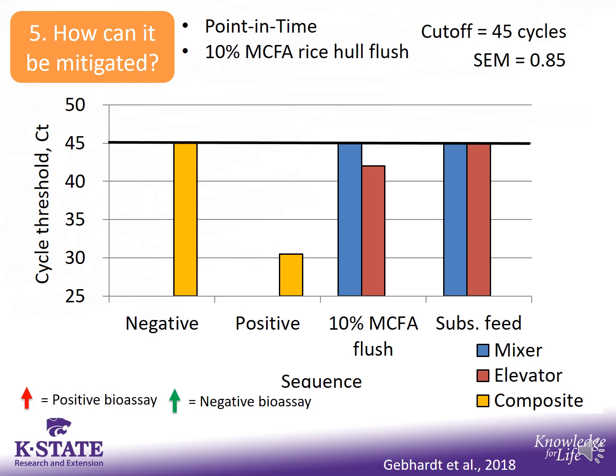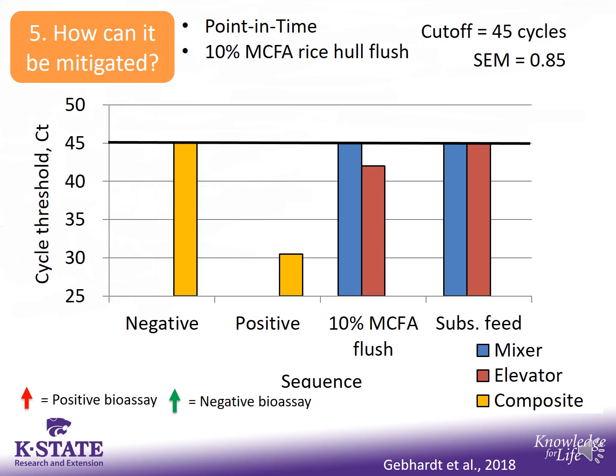Interestingly, there was no detectable virus in the flush of medium chain fatty acids when we took samples at the mixer, but in the flush in the bucket elevator, there was still detectable virus. However, the following feed sample after the flush did not have detectable PEDV according to PCR.